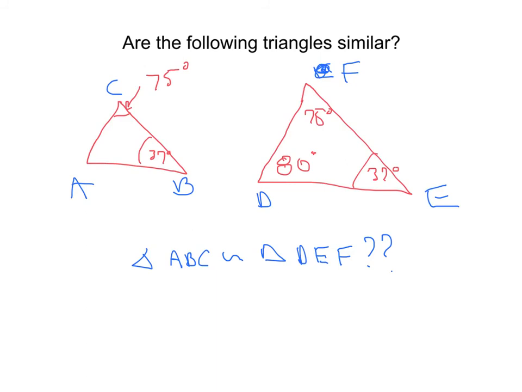What is the issue with that if those three angles are in a triangle? What do we know about the angles in a triangle? Well, we know that they have to add up to 180. So here we have 80 plus 75 plus 37, which does not equal 180 degrees. So therefore, these two triangles are not similar.